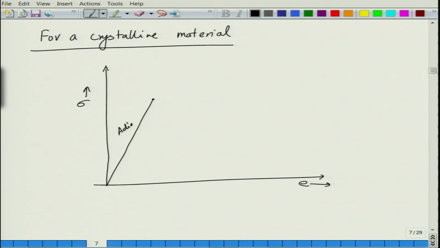So, this is the adiabatic nature. Up to this point the sample is cooled, okay. Then it reaches a stress, let us say sigma 1, and the corresponding strain is basically, you can say, EA, the adiabatic strain.